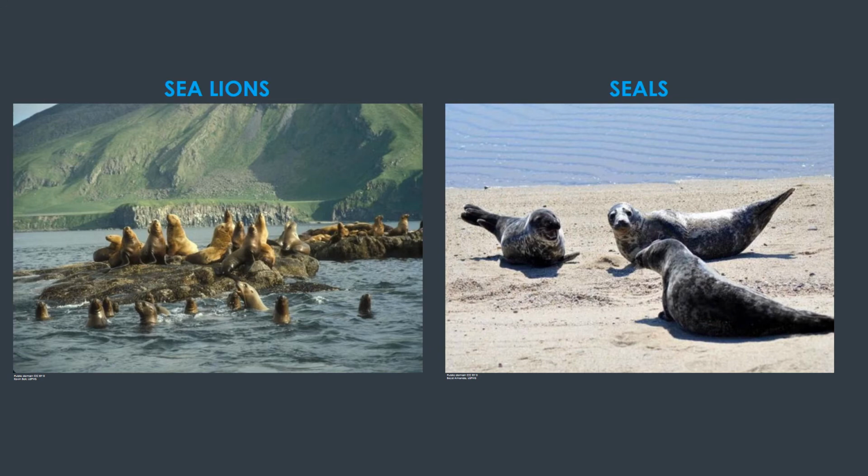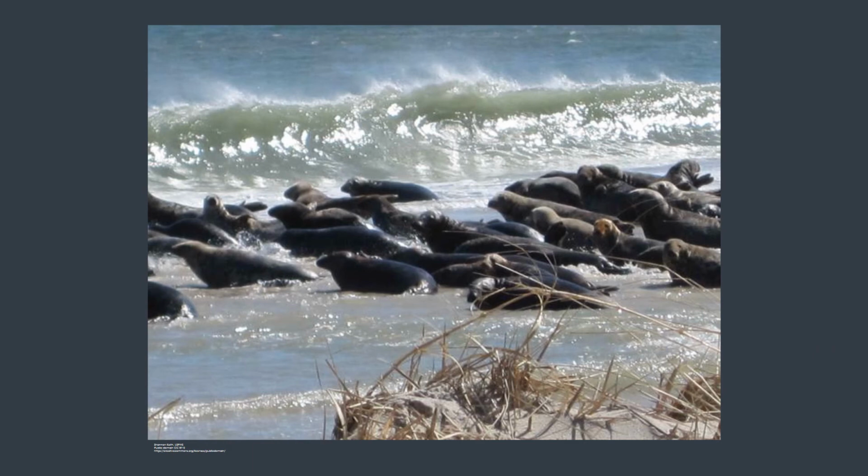Sea lions sit up on their front flippers, whereas seals sit on their bellies. In the water, seals, sea lions, and walruses may be difficult to tell apart, but even just knowing a pinniped is in the area is helpful information.